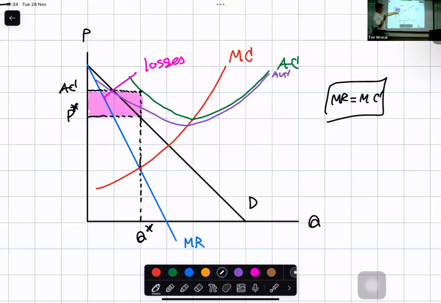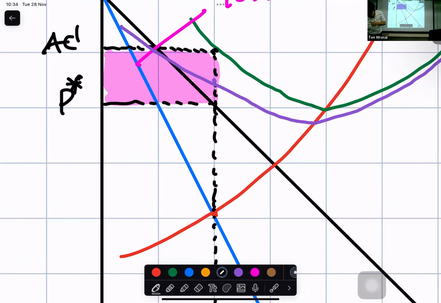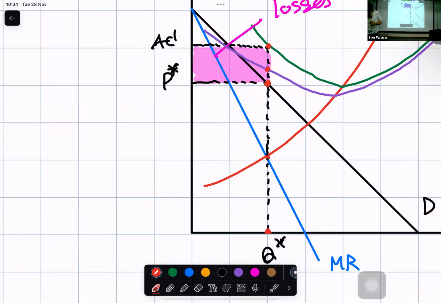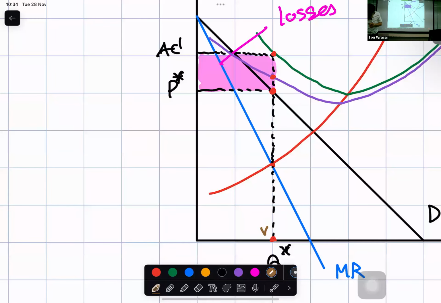Now the price we read, zoom. The price that we read from this is here, this dot. AVC, this dot. AC, it's here. So if I follow the labels that I used to use, point V, point U, point T, point S, on this level, STUV.